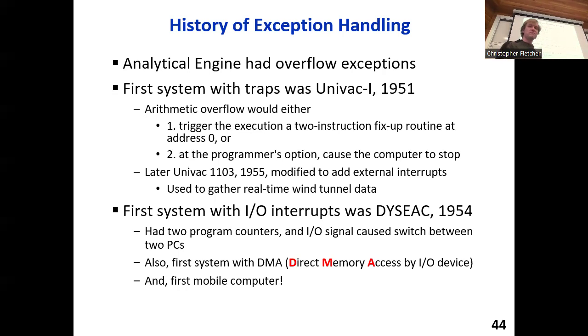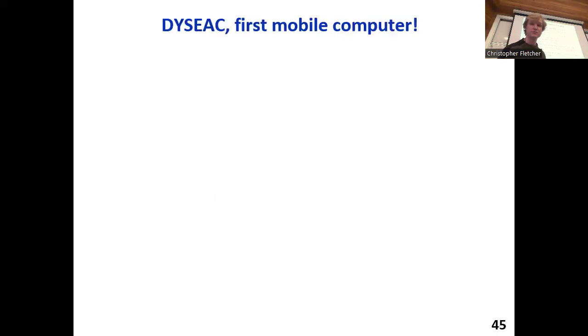Then we got a little bit more sophisticated with the DYSEAC, I believe it's pronounced. This was a machine with two program counters, where once you switched to the trap handler, you'd start rolling the second program counter. We talked about micro PCs and ISA-level PCs. Now we have yet another PC, which walks through the interrupt handler or the trap handler whenever we bounce into an exception.